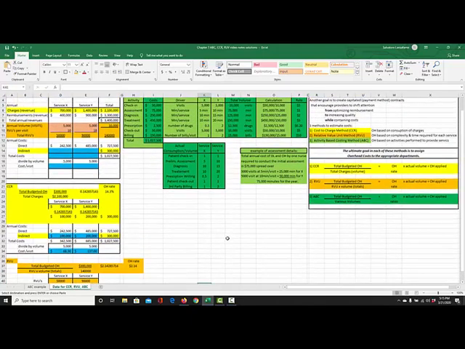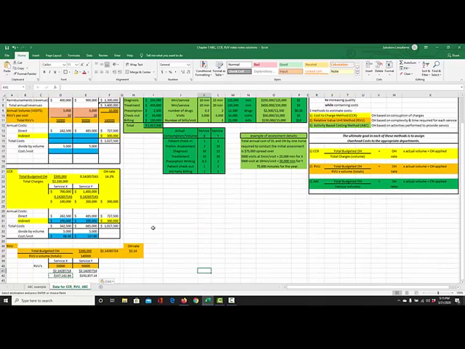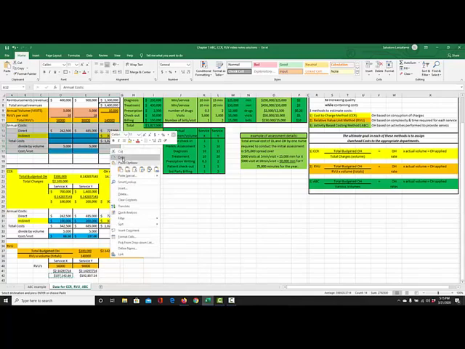Okay, so now let's do what we did before with the annual cost thing. I'm going to copy this part again from the data.